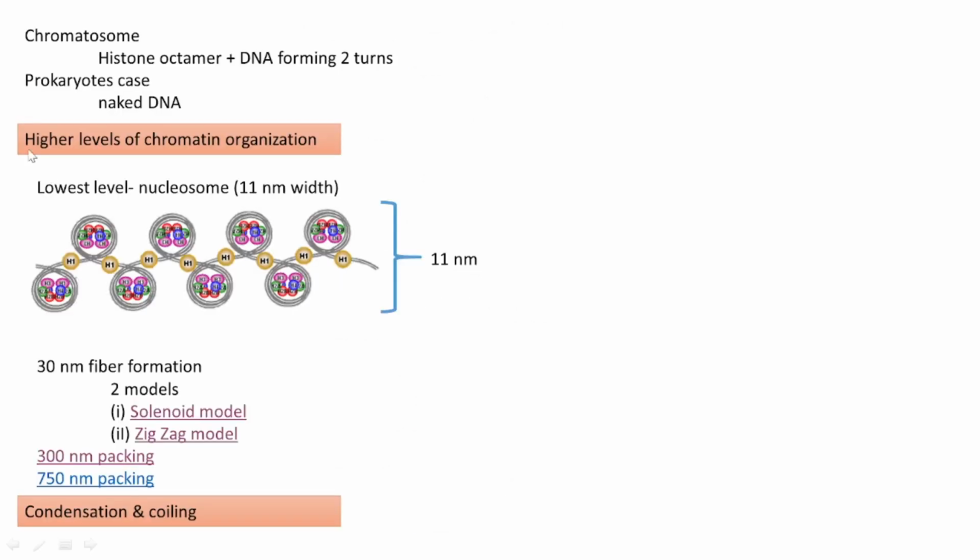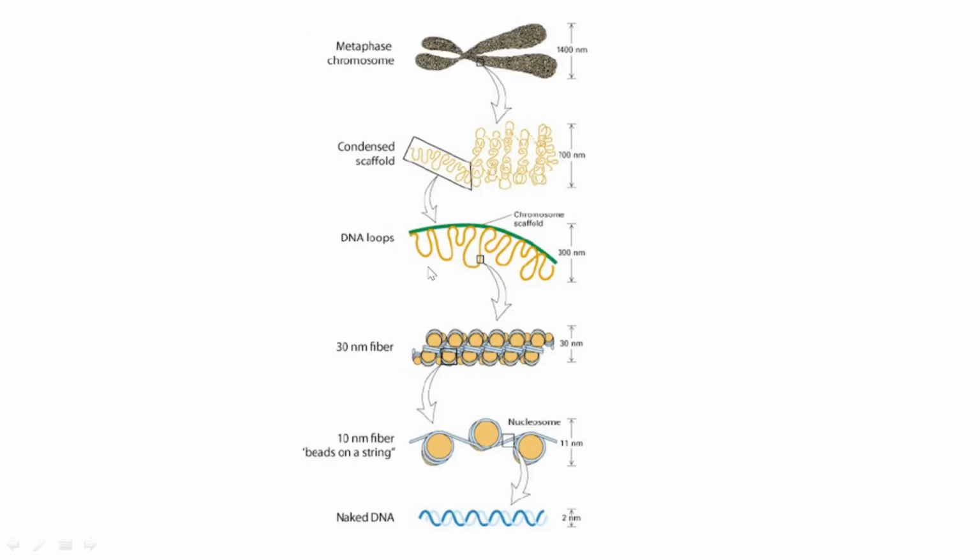Then coming back, after reaching the 300 nanometer packing, the chromatin moves to the next higher level of packing, that is 750 nanometer packing. How that 750 nanometer packing happens is very easy. This 300 nanometer fiber again undergoes coiling or folding to form a 750 nanometer, more thick fiber.